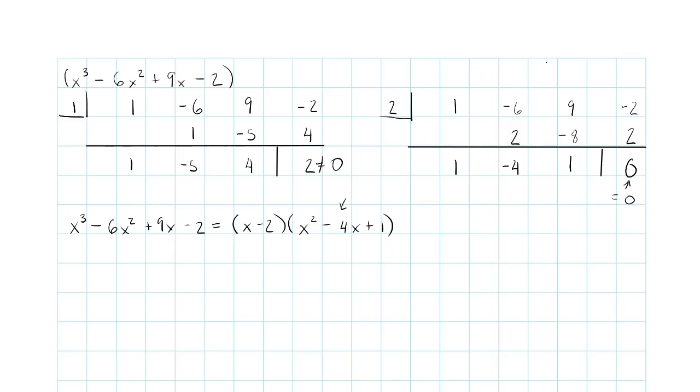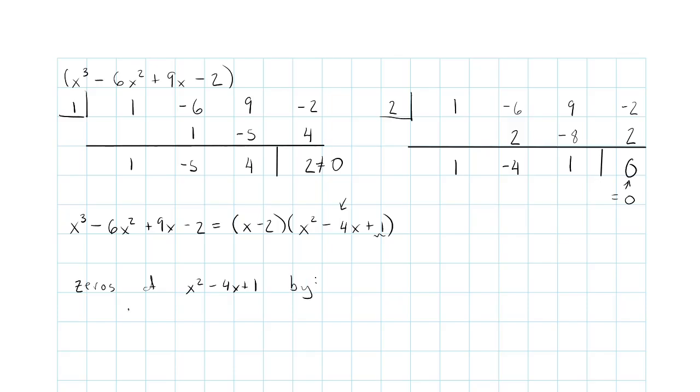It's pretty easy to see looking at this that 2 is not going to be a root, right? Because my constant is 1. So it must be that that polynomial is prime. But I can find zeros of x squared minus 4x plus 1 using our methods for quadratics.